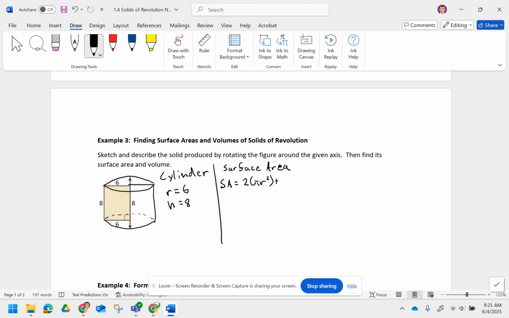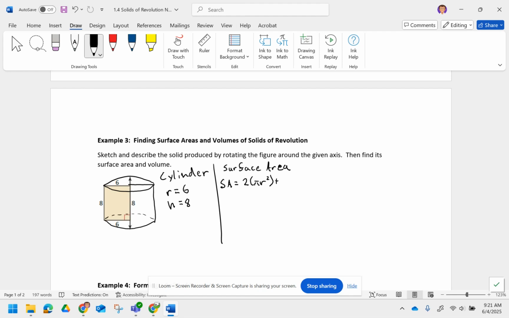plus, now we need to get the side. Well, imagine this was like a soup can. The paper wrapping all around that can is the shape of that. So if you take that paper off, you get a rectangle, right? So there is a rectangle there that we need to know the area of.